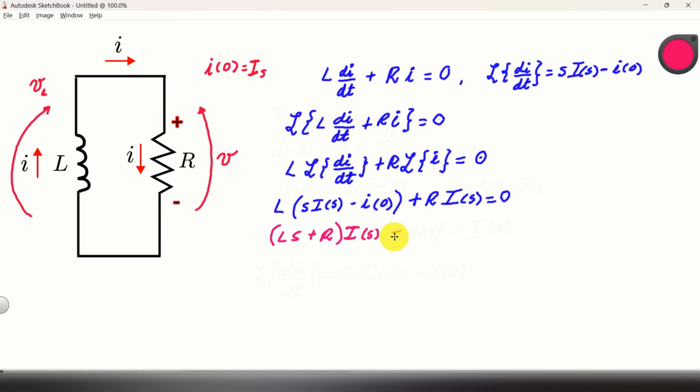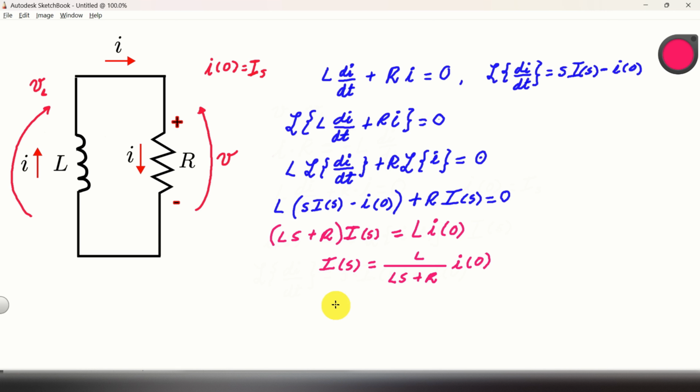When we move it to the right-hand side, we have L I of 0. Consequently, this equation can be written like this: I of s is equal to a fraction, with ls plus r in the denominator, and l in the numerator, and over here the initial condition.